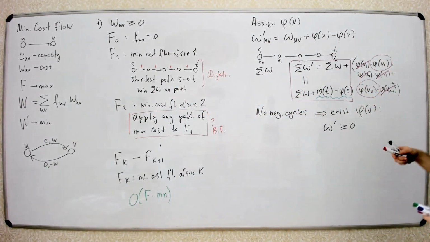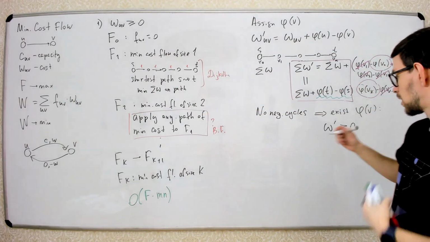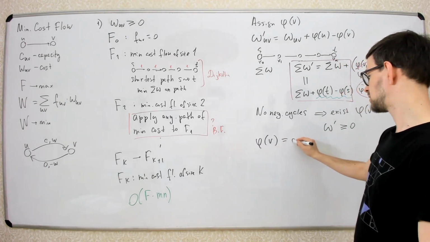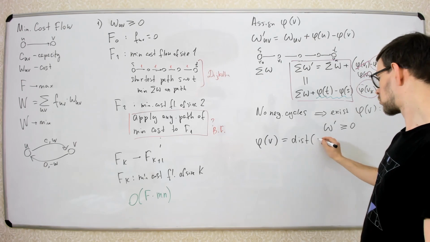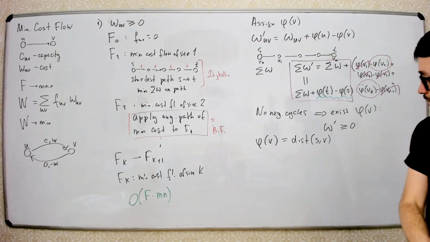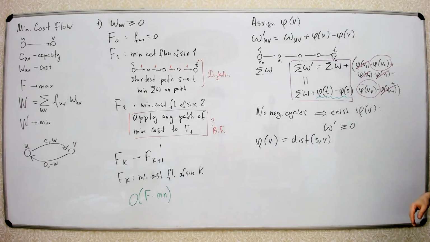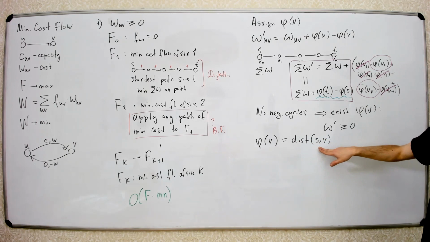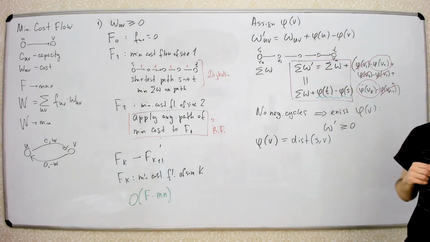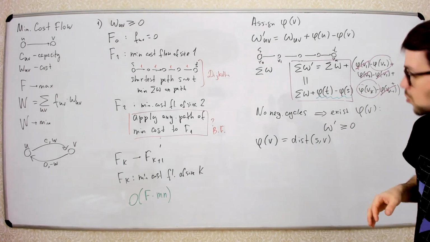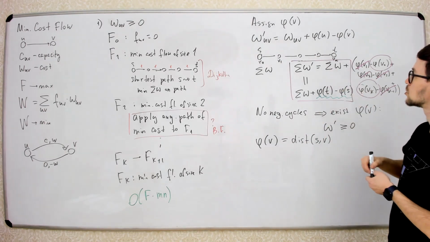How to find these potentials? Very simple. We just assign the potential of the vertex equal to the distance from S to this node. Let's prove that if you assign these potentials to the nodes, then all these weights will be non-negative. Let's see what's going on.